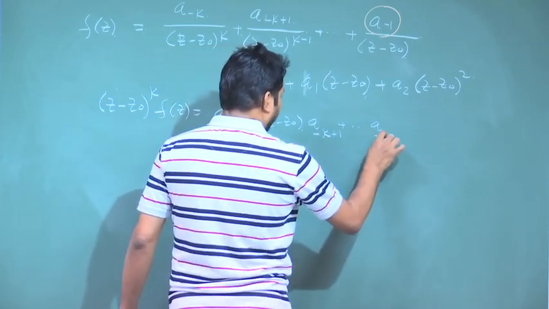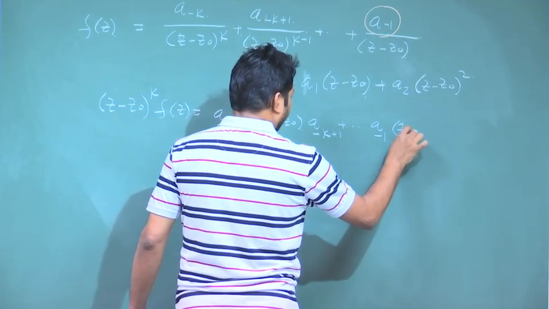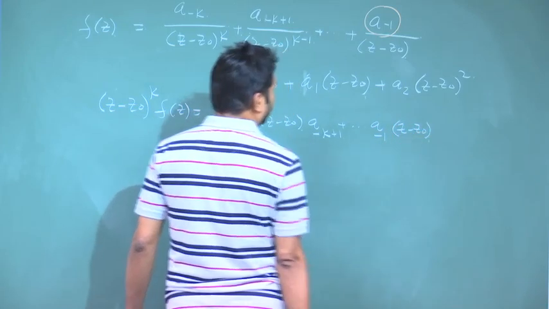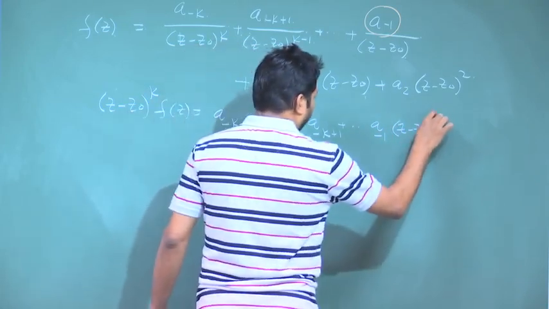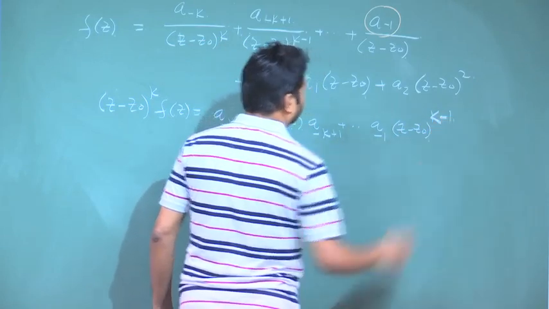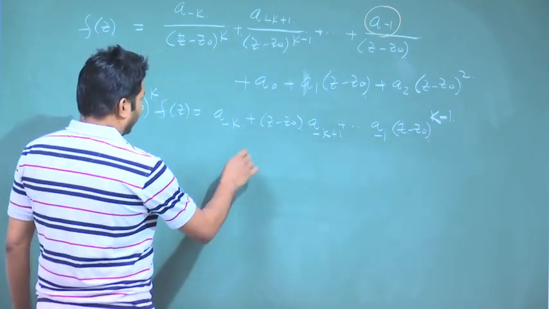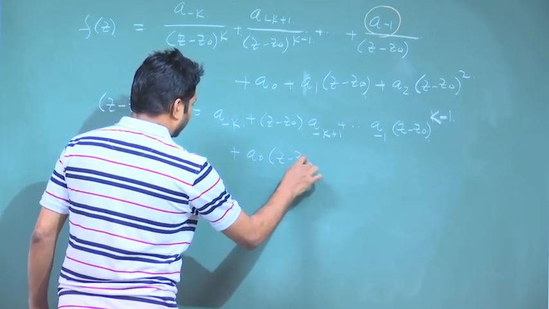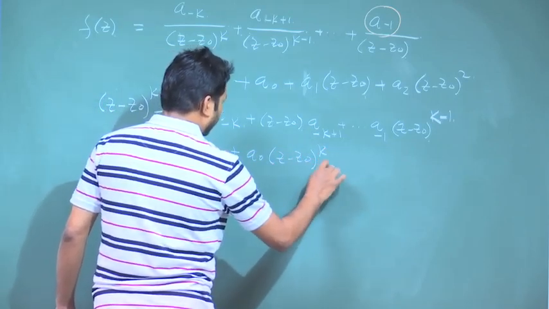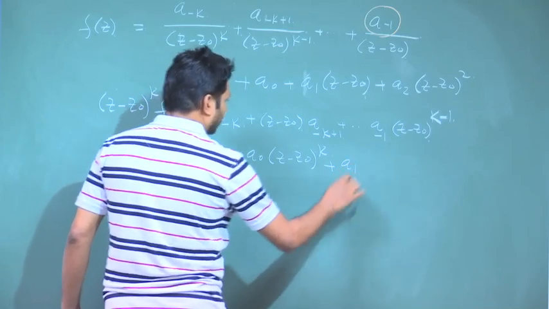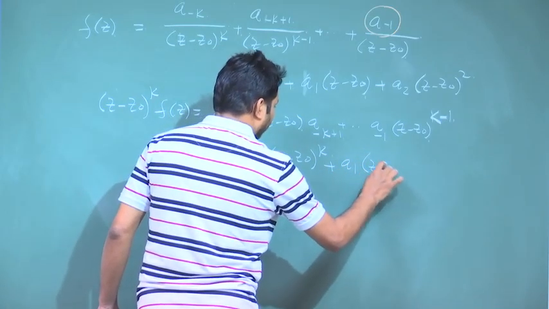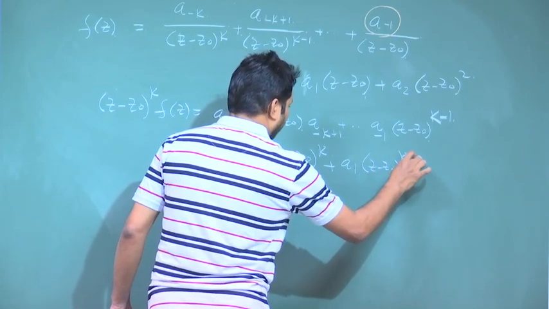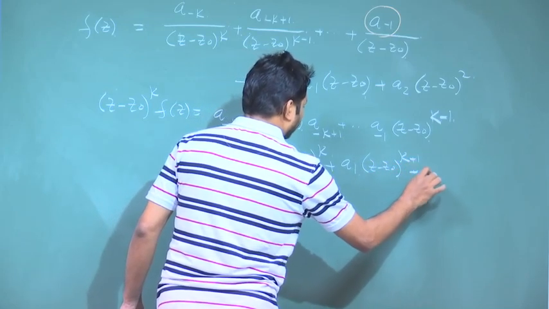I have a minus 1 multiplied by (z minus z0) to the power k minus 1, plus a0 (z minus z0) to the power k, plus a1 (z minus z0) to the power k plus 1, and so on.